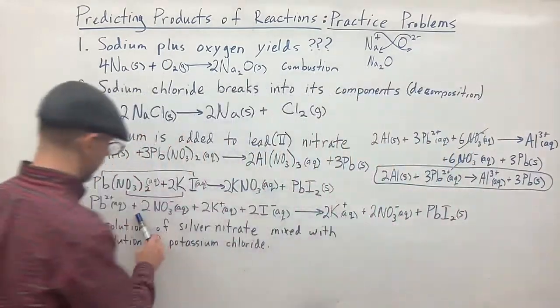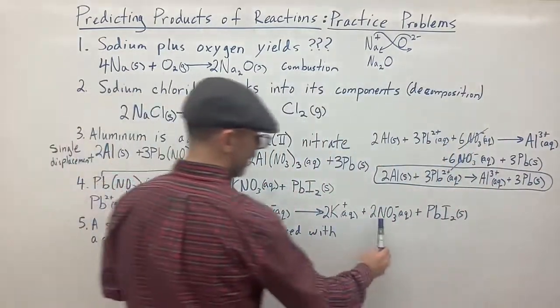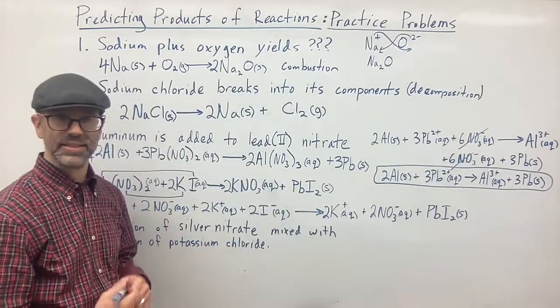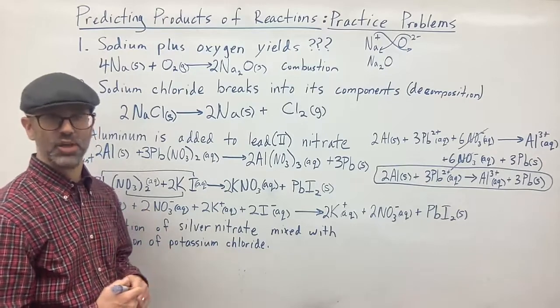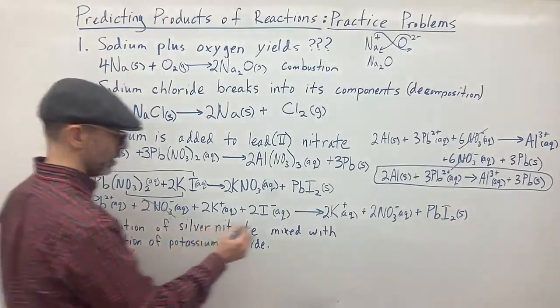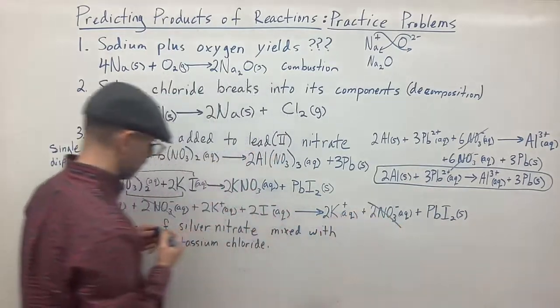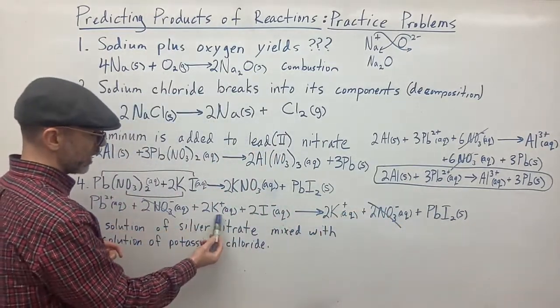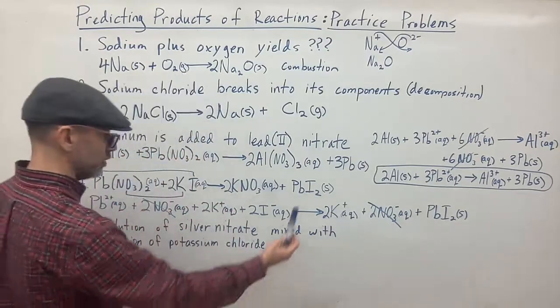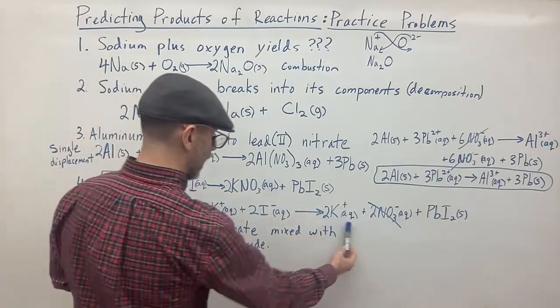Here we have 2 nitrates aqueous, and here we have 2 nitrates aqueous. So that stays the same. That is not involved in any reaction, so it's going to be a spectator ion. We can get rid of those. Here we have 2K plus aqueous, and here we have 2K plus aqueous.